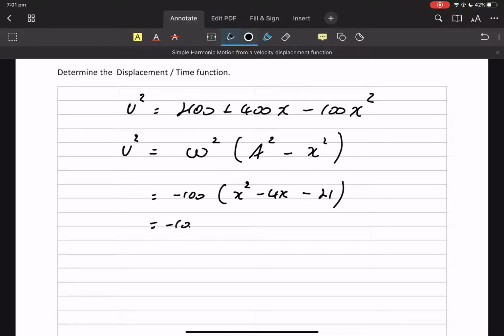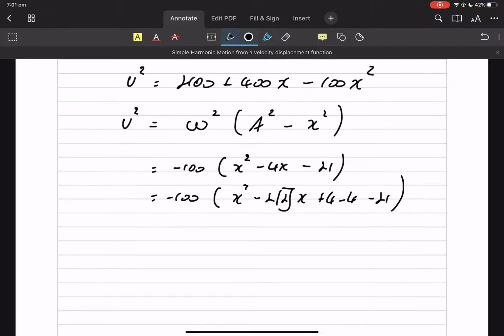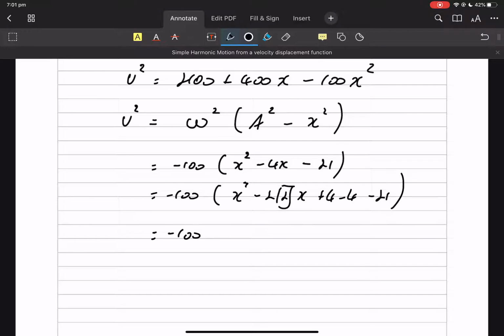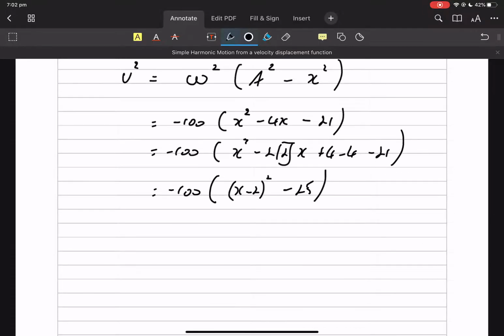Equals x squared minus 4x, what's in the box? So it's plus 4 minus 4. There's our pattern. So it's going to be x minus 2 squared minus 25.